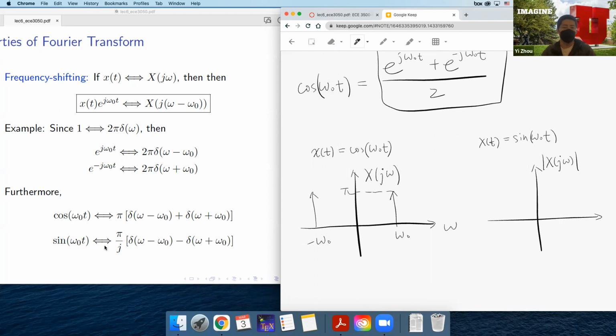Yeah, so the amplitude, we still have two impulses. One is located here and the other is located here, at omega naught and negative omega naught.